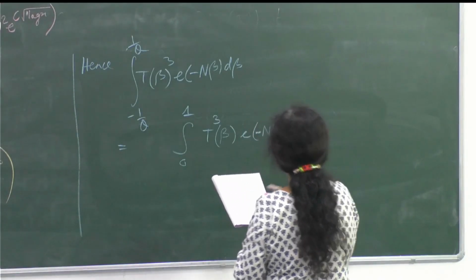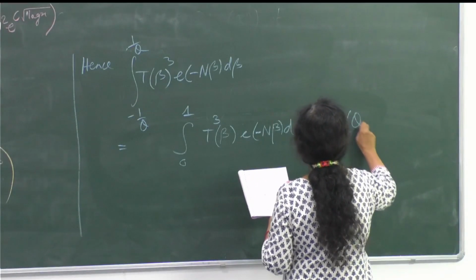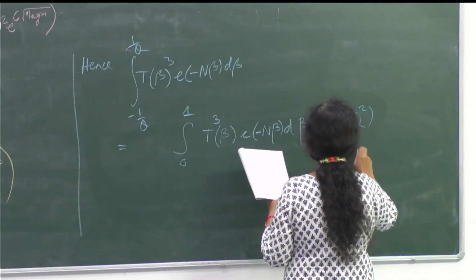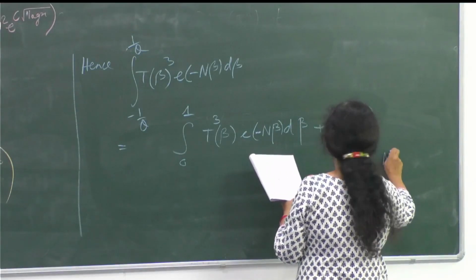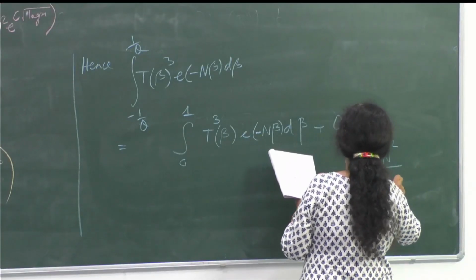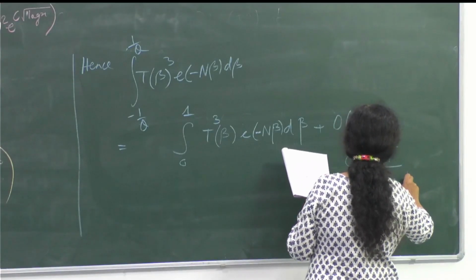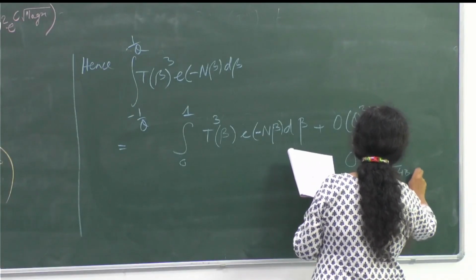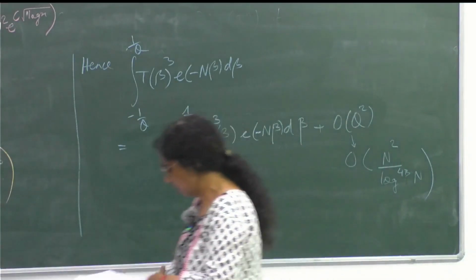So this is equal to big O of q squared, which I can also write as big O of n squared log to the 4b of n. Okay.